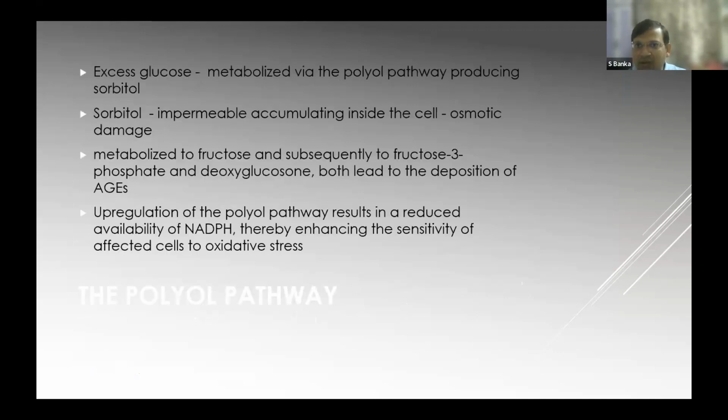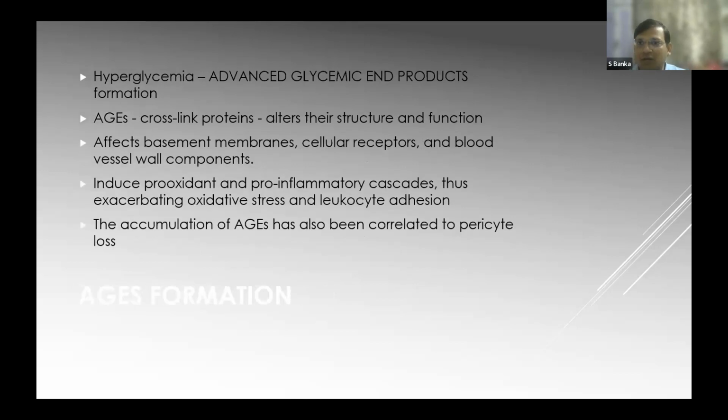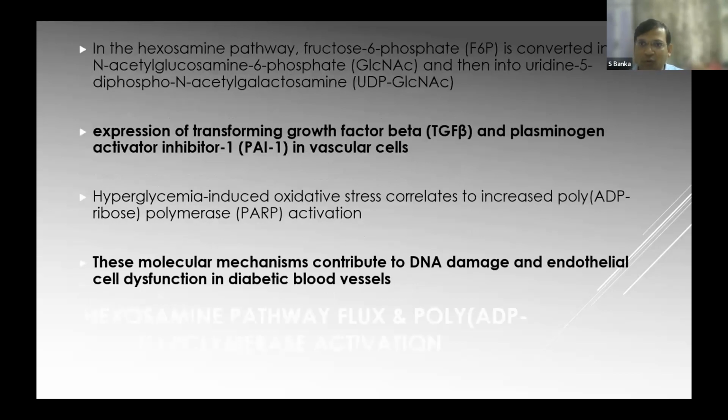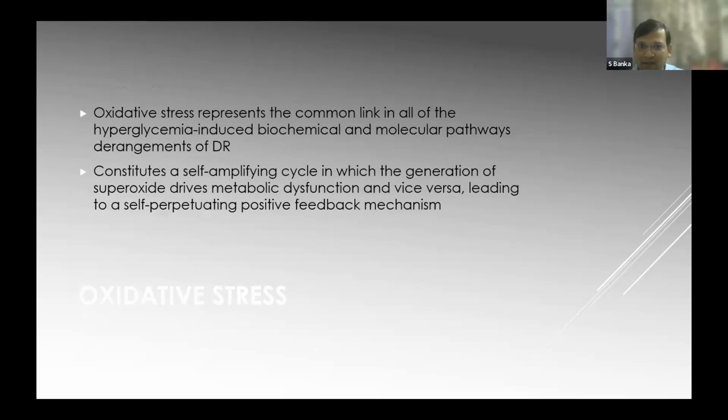I will not go into the details of these pathways, but this alteration of the metabolic pathways causes osmotic stress on the cells, and the deposition of advanced glycation end products causes hyperglycemic damage to the cells and tissue proteins.